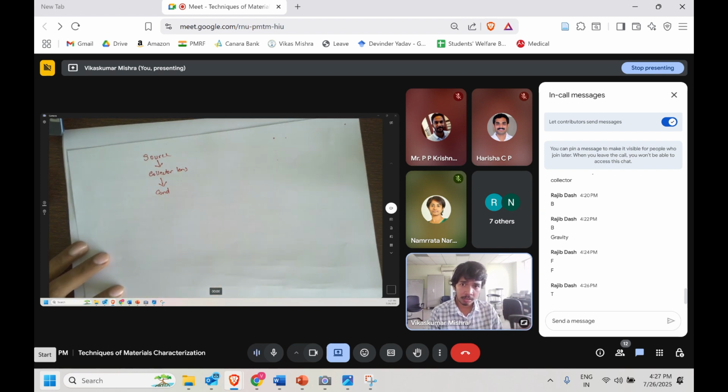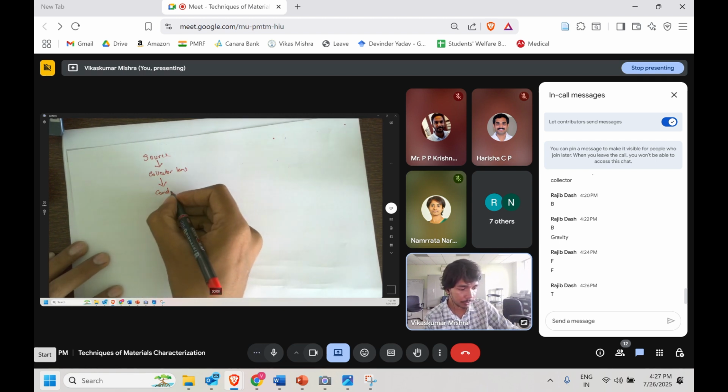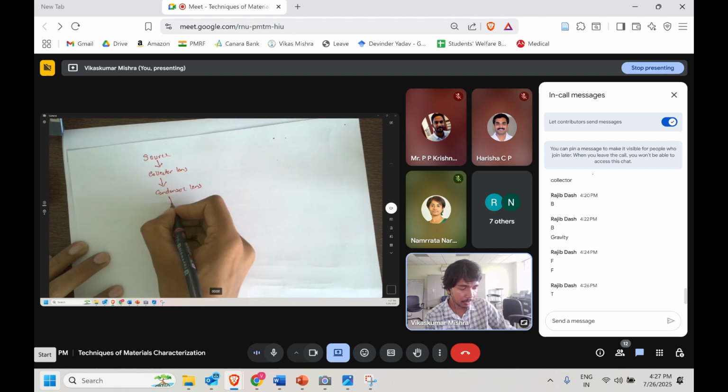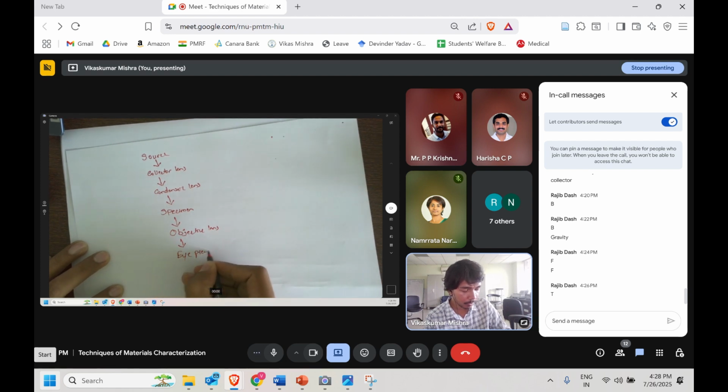Let me tell you, all the lenses come with an aperture also, so it will always be there. Condenser lens, then it goes to the specimen, then to the objective lens, then from there to the eyepiece, then the human eye.